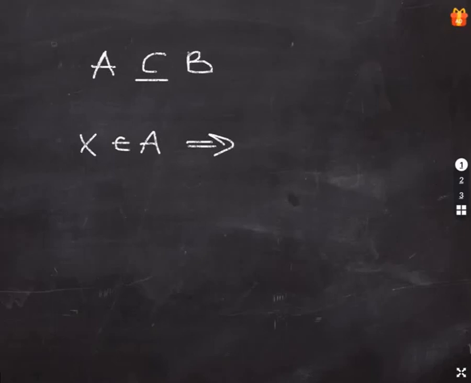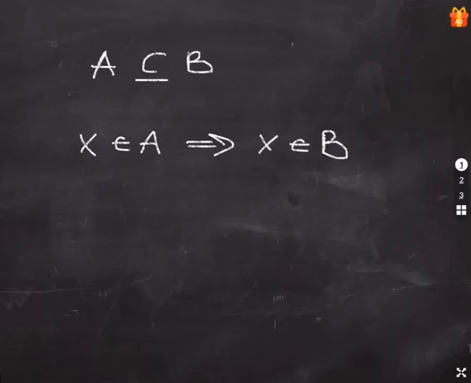So we say that A is a subset of B, and we write it like this, if and only if every element of A is also an element of B, so that if you consider any object X which lies in A, that X must lie in B as well.